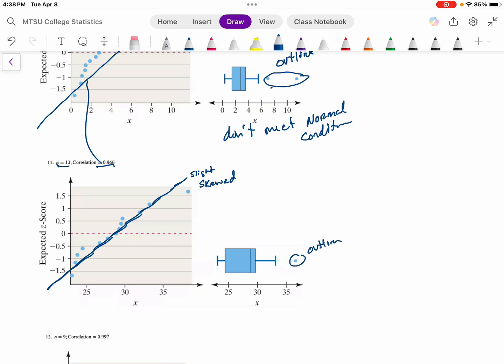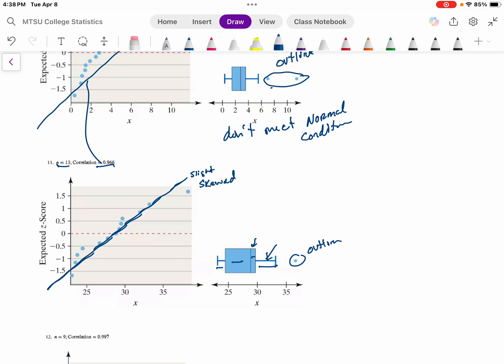Based on what we have here, here's kind of a weird thing. We have a short whisker and a long whisker, a wider box and a shorter box. That's why I'm saying we have some slight skewness, but it's hard to say what's going on, because the smaller inside box means I have a lot of frequency in that area, but then there's a gap over in this whisker.